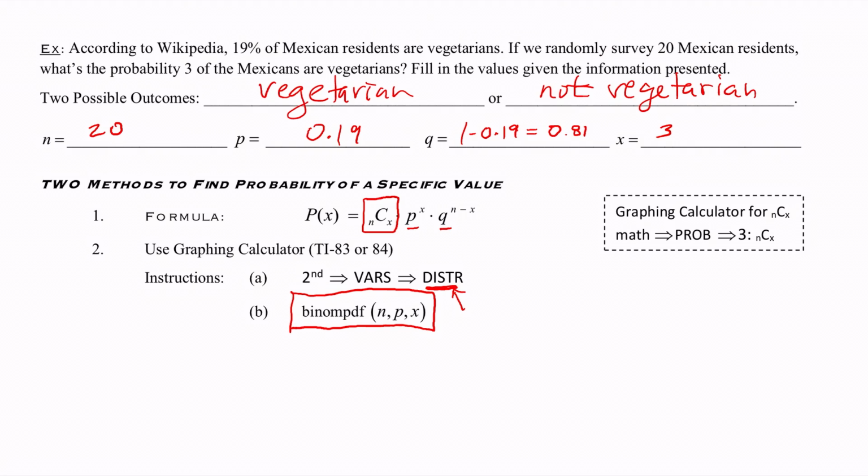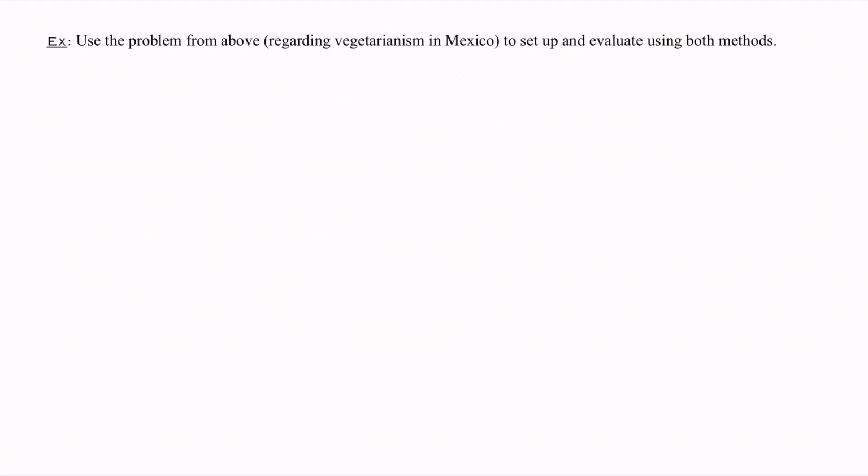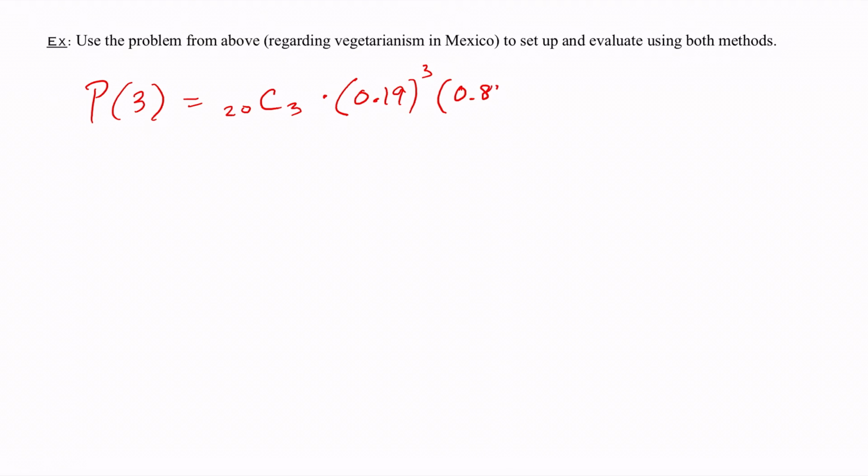Well, let's start with the P of X formula here. We're looking for P of 3. We had 20 choose 3 times P, our probability of success, which was 0.19 to the power of 3, times Q, which was 0.81 to the power of 17.